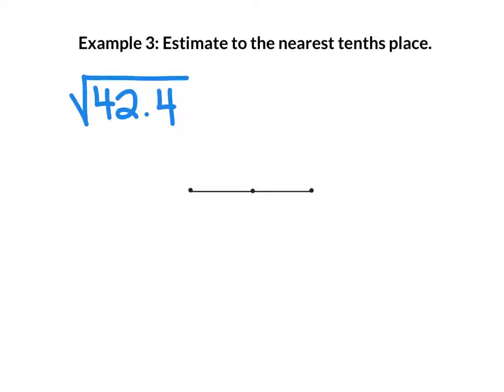Example 3. Estimate the square root of 42 and 4/10 to the nearest tenths place. Well, 42 and 4/10 comes after the square root of 36, which is 6, but before the square root of 49, which is 7. And halfway between them is 6.5.